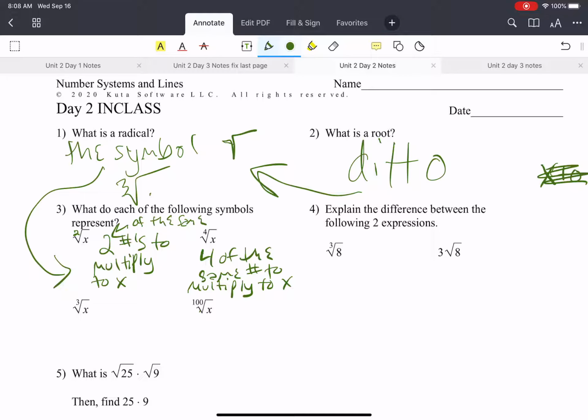This one's a cube root, so 3 of the same number to multiply to x, and the 100th root would be 100 of the same number.